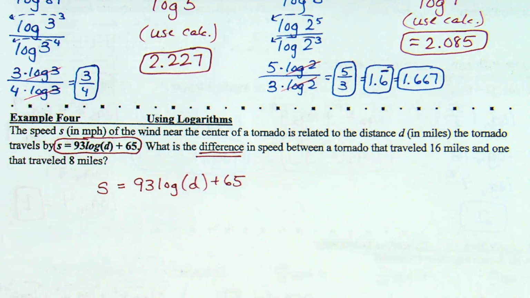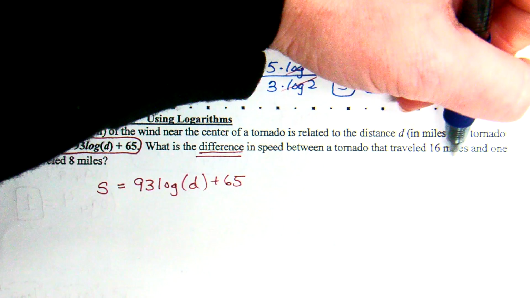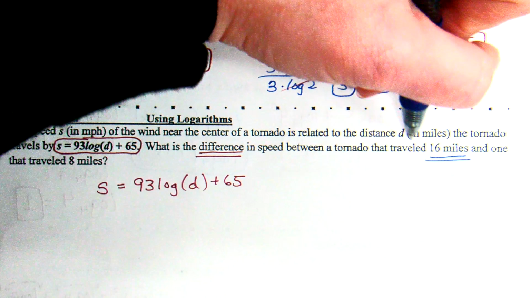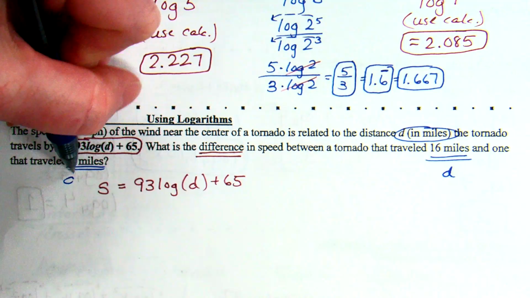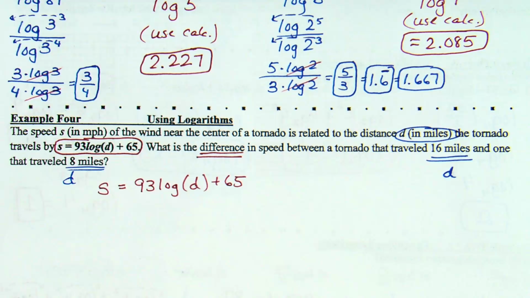They talk about a tornado that traveled 16 miles. 16 miles is a distance. And then they talk about a tornado that traveled 8 miles, which is also a distance. So what's my plan? Yeah. Plug them each in, and then when it says what is the difference, that means we're going to subtract.